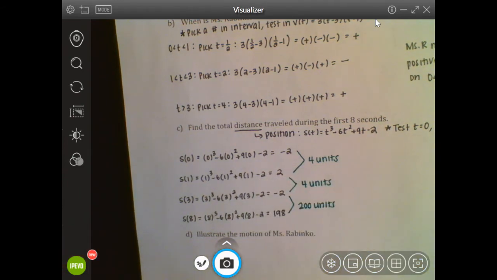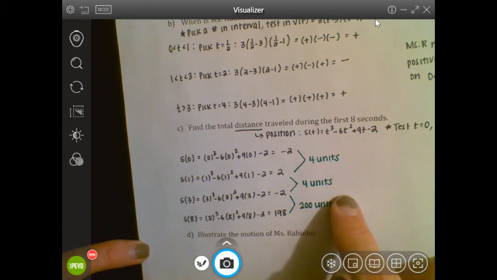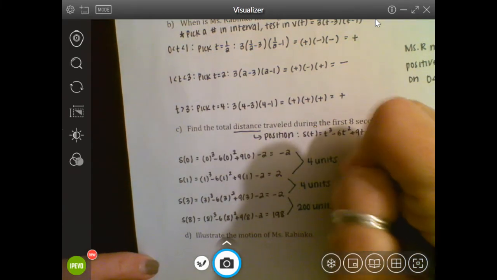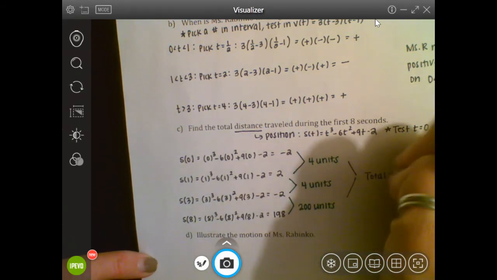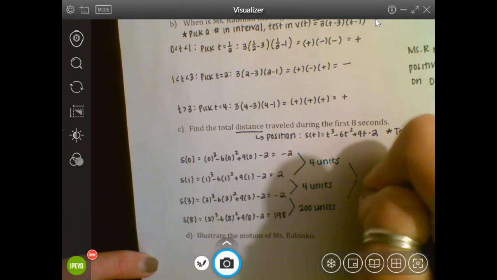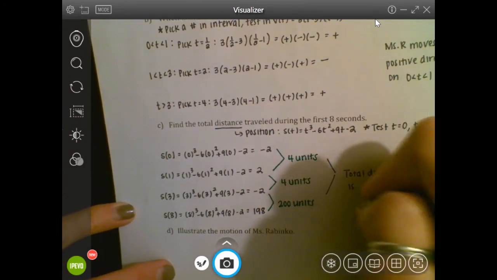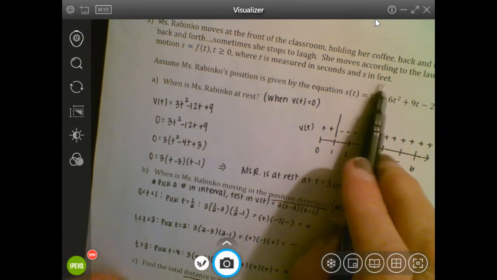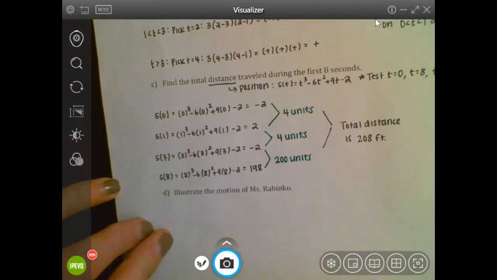So to get the total distance, you're taking a 4-unit and a 200-unit distance, and you're going to add those together. So total distance here is a total of, I think that would be 208. And actually our units are given to us up here as feet. So total distance is 208 feet.